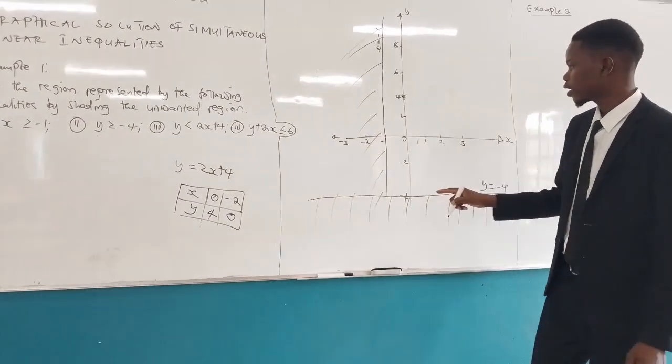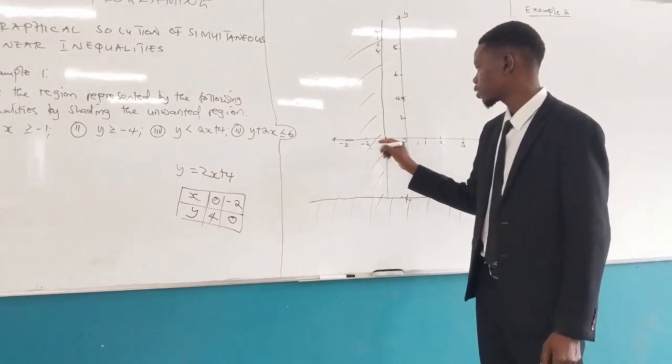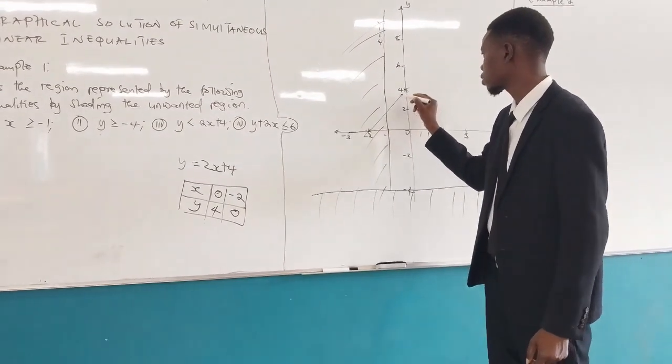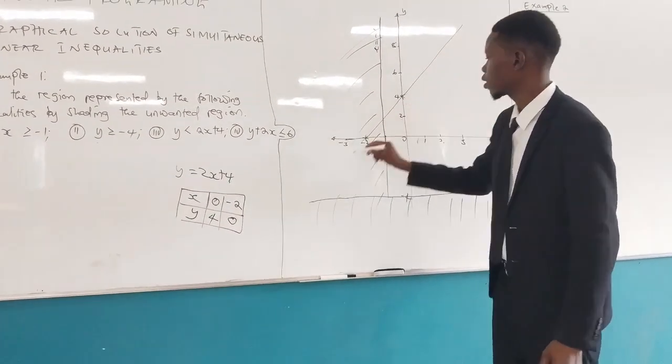When x is -2, our y is 0, so this is a line. We can just connect these two points and extend the line.